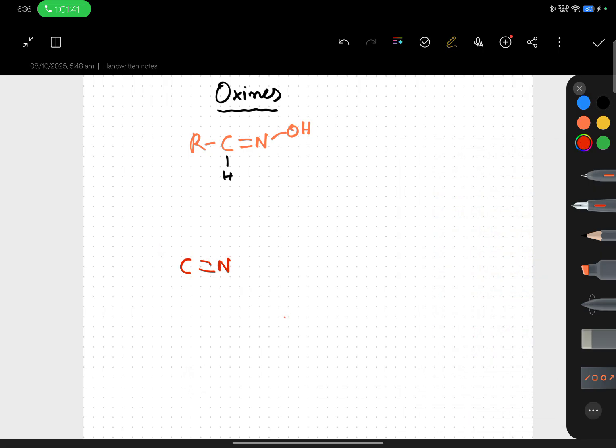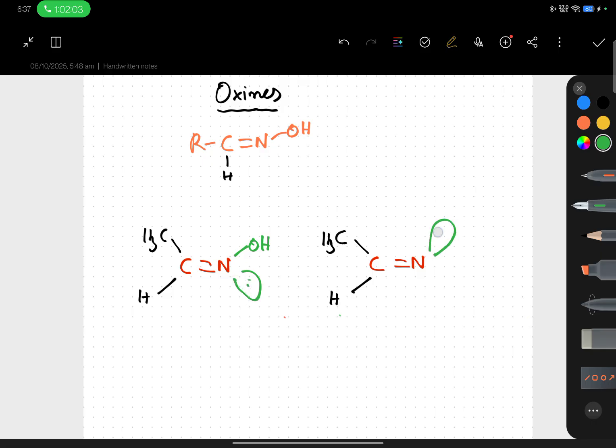C double bond N. So the R can be CH3 or H. The OH and the lone pair can be in this direction, or the OH can be in the opposite direction.